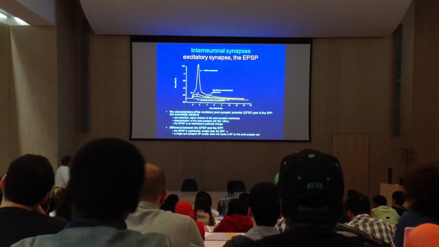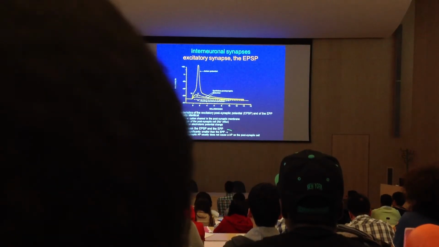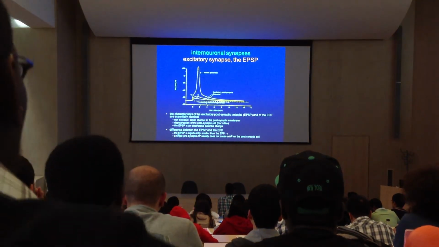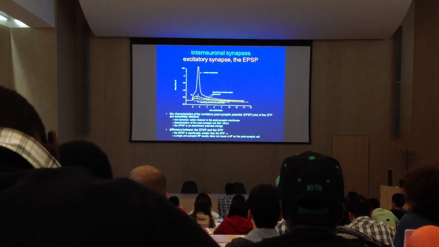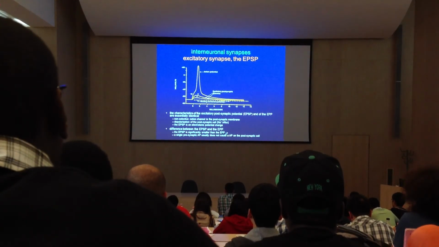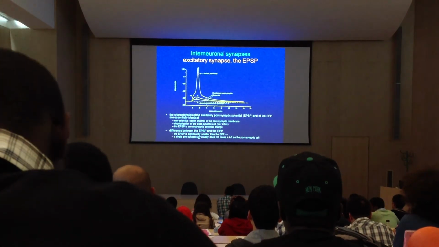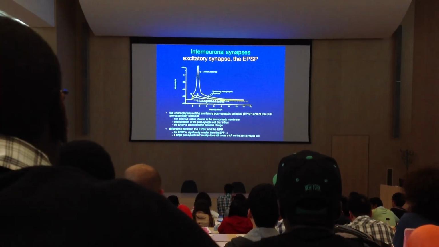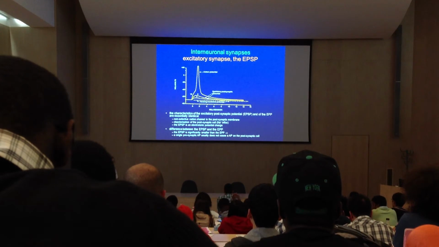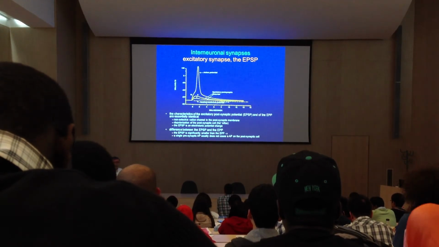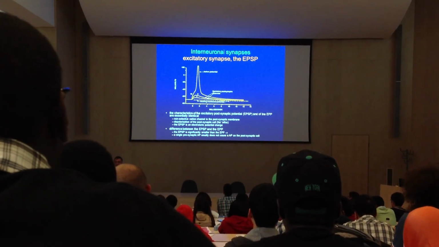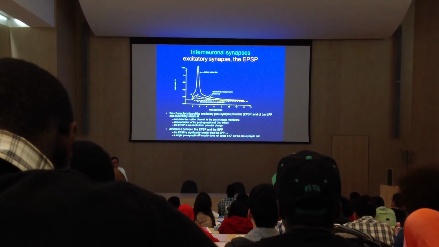The difference is essentially this. The EPSP is significantly smaller than the end plate potential. Therefore, a single presynaptic action potential usually does not initiate a postsynaptic action potential when the information travels from one nerve to the other.